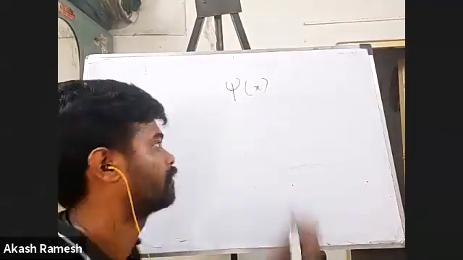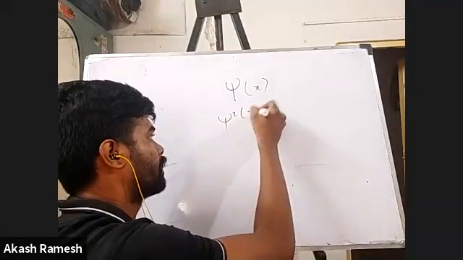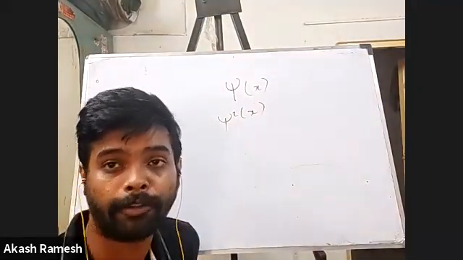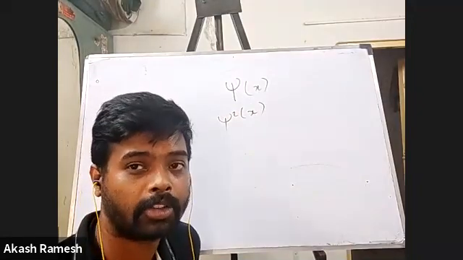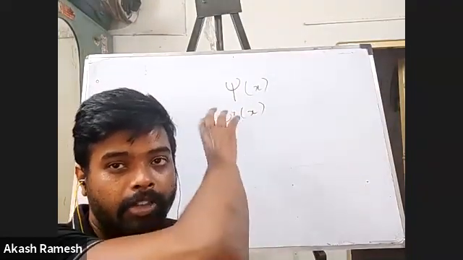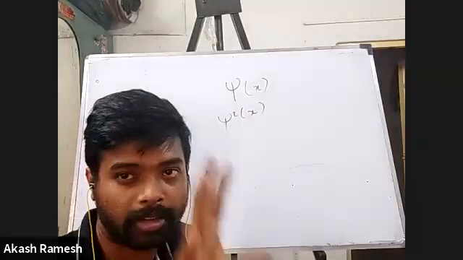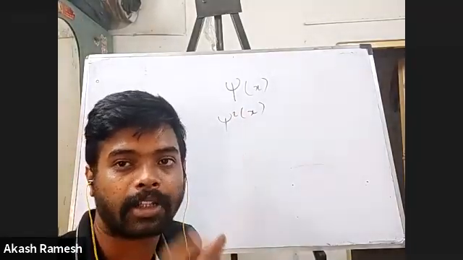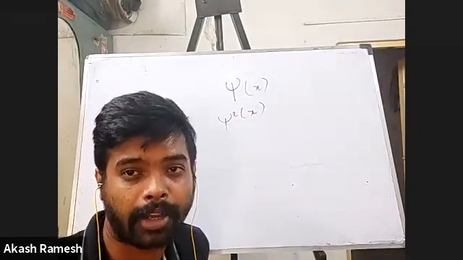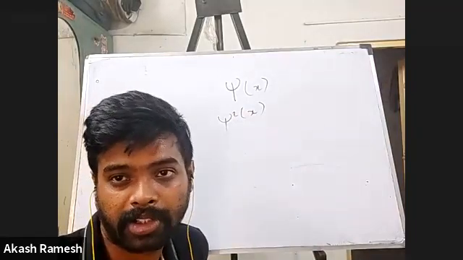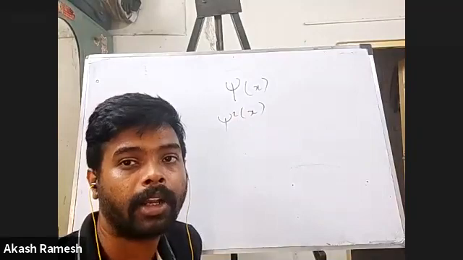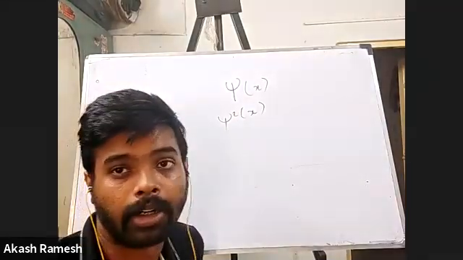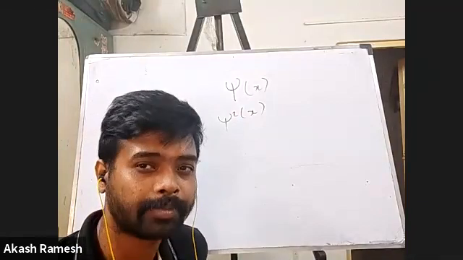So if I square this function, psi squared of x, I get the probability of finding the electron. If I apply this function to a particular volume, I will say that there is a 60% chance that I'll find the electron there, or a 70% chance that the electron might be there. All these things we studied in the quantum mechanical model.